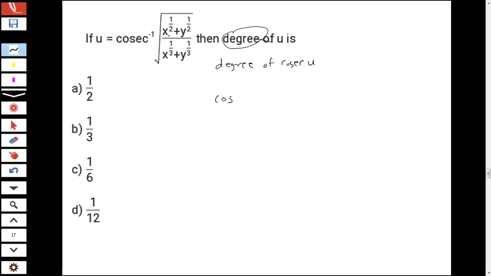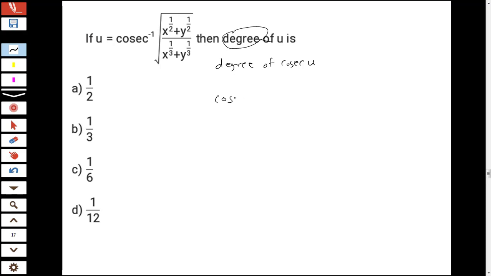If you replace x by tx and y by ty, that t will remain inside and we cannot take that t outside because of the cosec inverse. So in this type of thing, if you want that function to be homogeneous, then that t must cancel inside. If that t is not cancelling, that cannot be homogeneous.